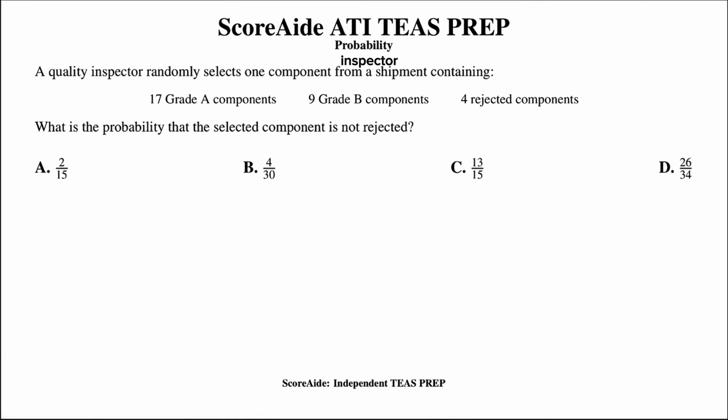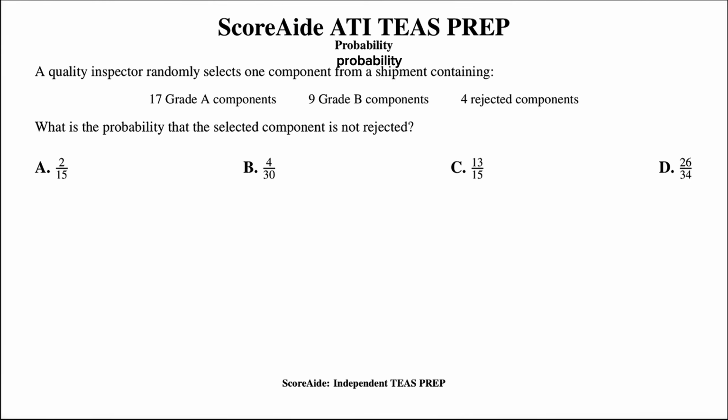A quality inspector randomly selects one component from a shipment containing 17 grade A components, 9 grade B components, 4 rejected components. What is the probability that the selected component is not rejected?